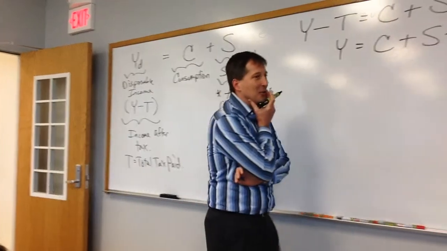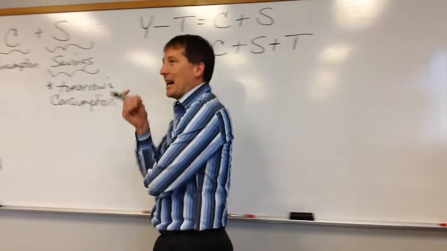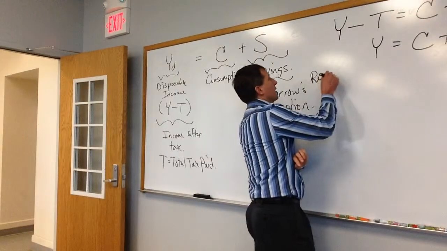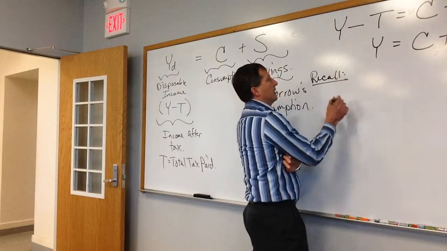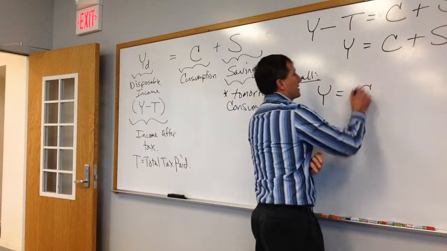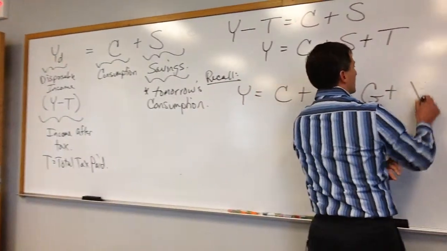All right, there's a reason to my madness here. We now want to go back and tie this into our GDP equation. So recall that GDP equals C plus I plus G plus net exports.